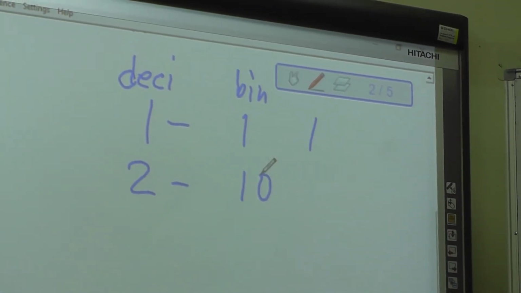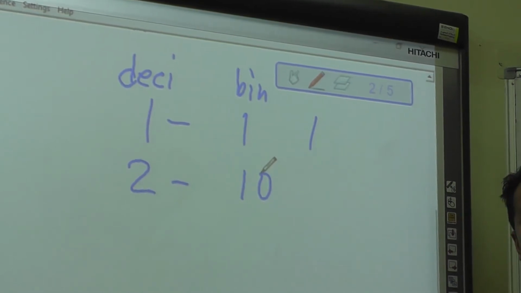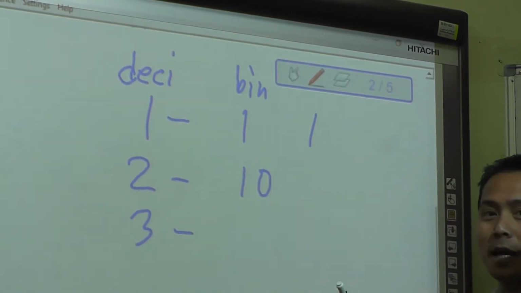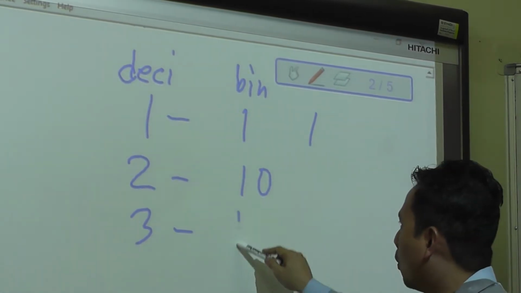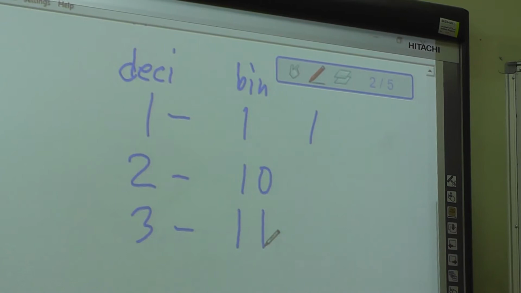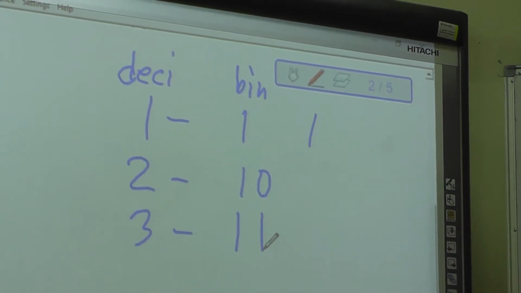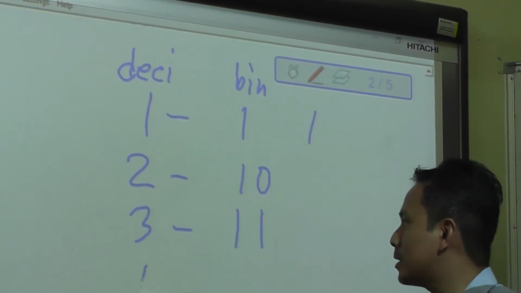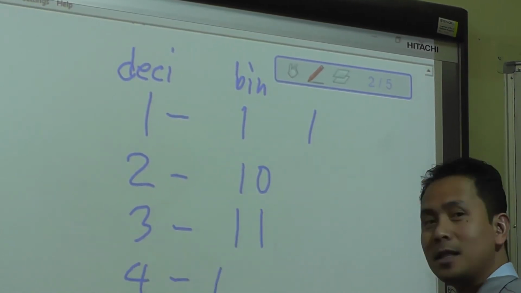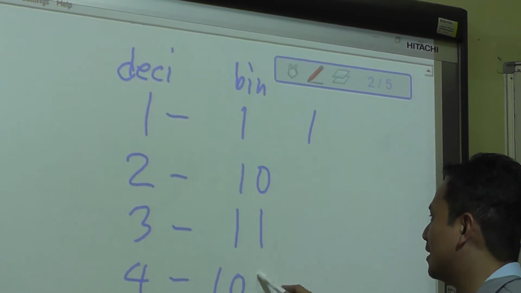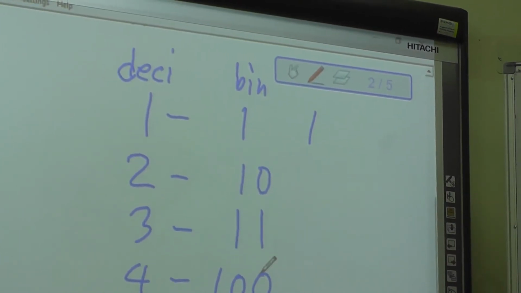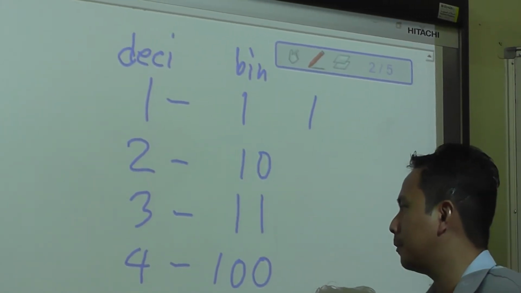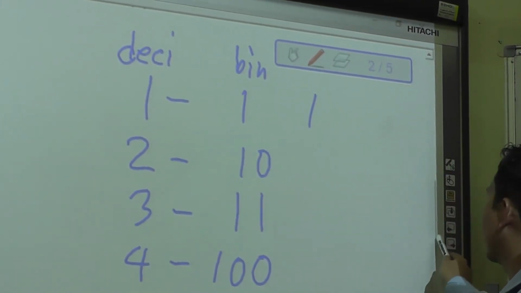How could we get 3? To get 3 in decimal, we have 1 and 1. How to get 4? To get 4 is 1, 0, 0. How to get 5?